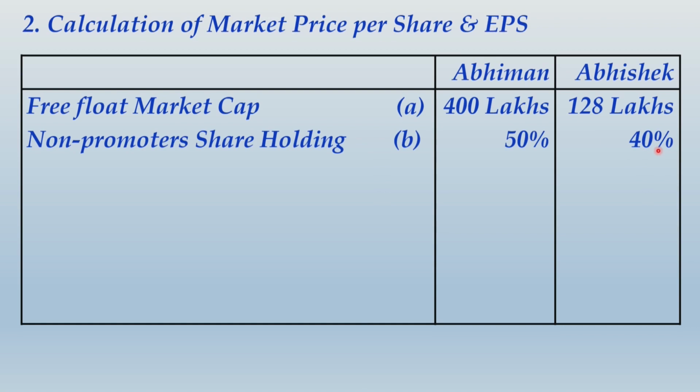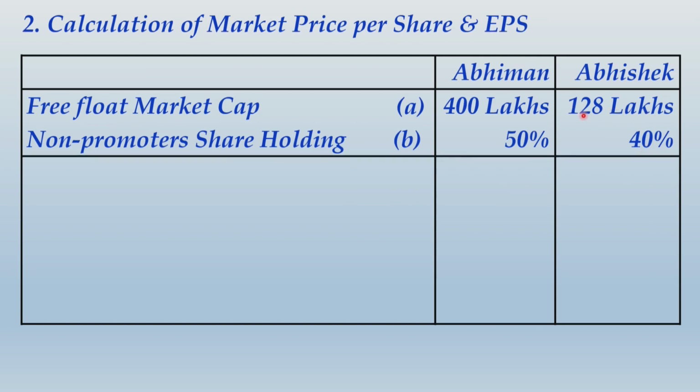If promoters shareholding is 60%, non-promoter shareholding will be obviously 40%. And now the non-promoter shareholding has this much market capitalization because this part is not the total market capitalization, it is only free float market capitalization, which indirectly indicates the market capitalization for non-promoter shareholding only.